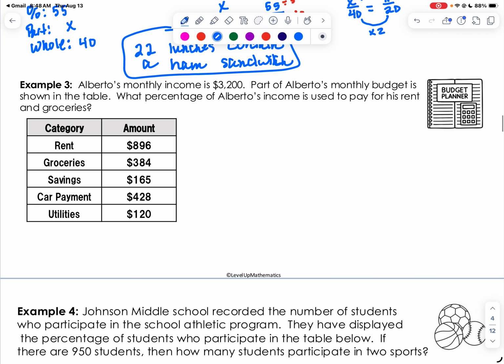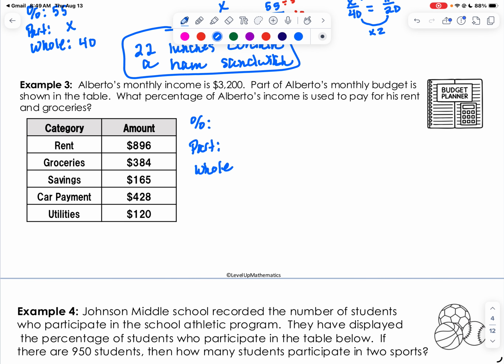Example 3. Alberto's monthly income is $3,200. That's his total income. Part of Alberto's monthly budget is shown in the table. What percentage of Alberto's income is used to pay for his rent and his groceries? All right, so we want to identify percent, part, whole.